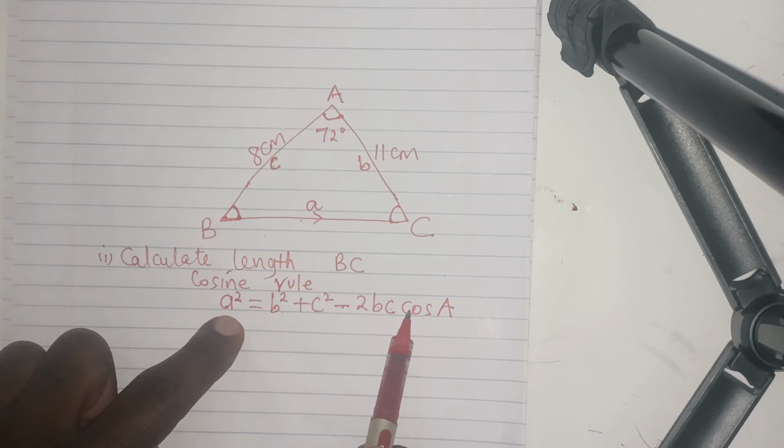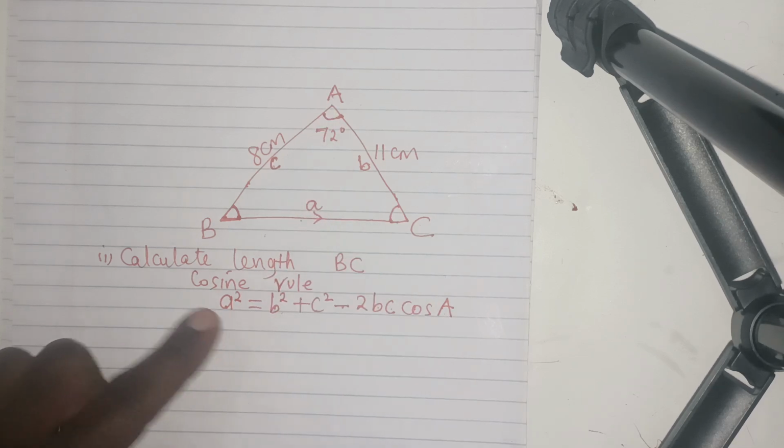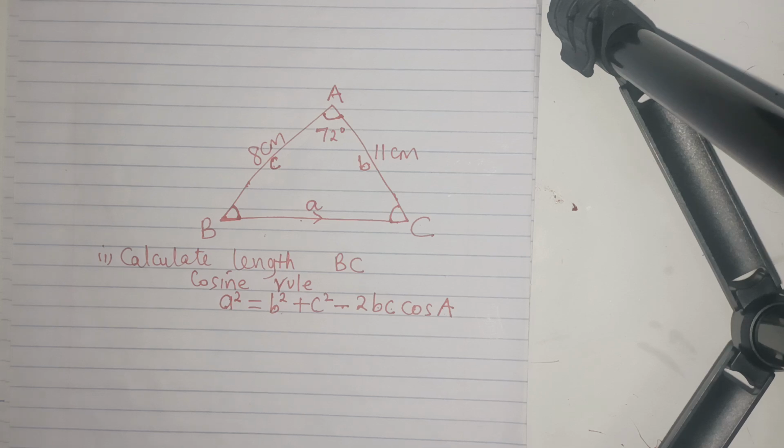So I can get the cosine of the angle at point A, and the angle in this case is 72.